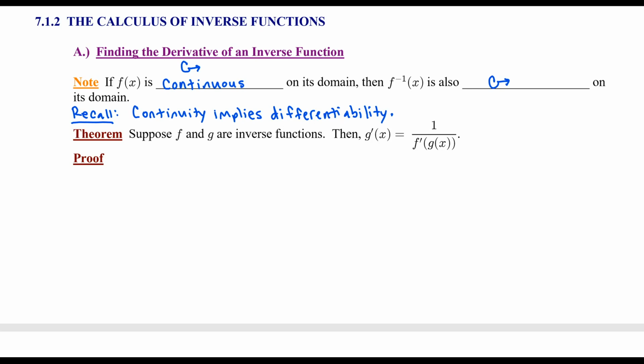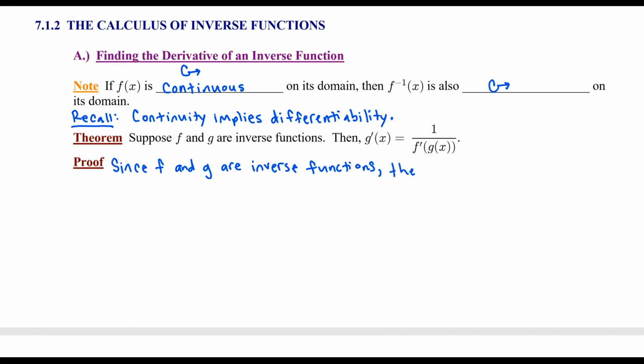First of all, we're beginning with the supposition that f and g are inverse functions. So we can say, since f and g are inverse functions, that is, they satisfy all the properties of inverse functions, including the fact that their composition is equal to x, f of g of x is equal to x.